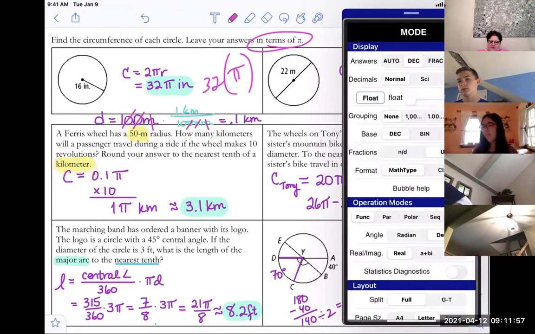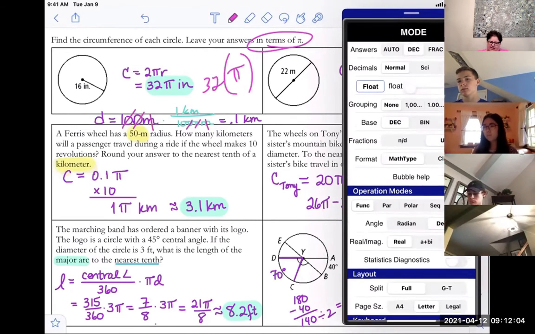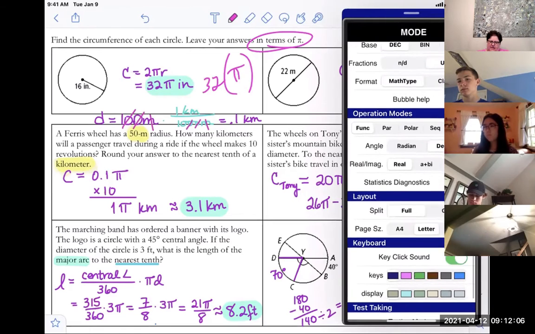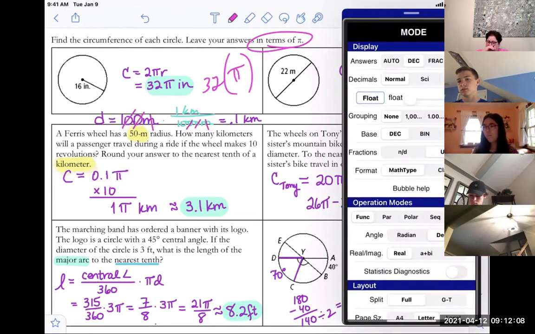So if, for example, I went in and made this, oh, this looks different than how yours looks. If you're looking at a graphing calculator, it'll say how many decimal places do you want it to go to? Oh, I guess that's here.